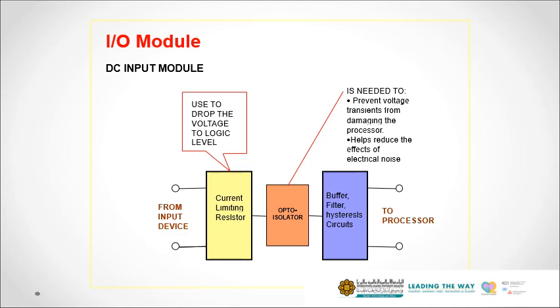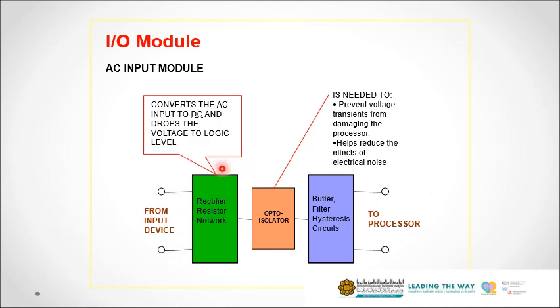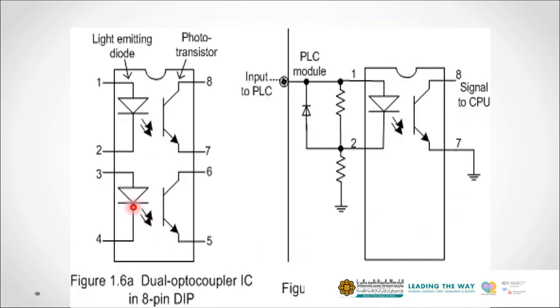Okay. For the case of analog, you have an extra thing called a rectifier, because as I mentioned, PLC can basically handle DC supply. So that's why, and then it is followed by an opto isolator as well, and the others remain the same. So basically this is for digital, it's basically an opto isolator. So you have an LED and a phototransistor. So this is the isolation.